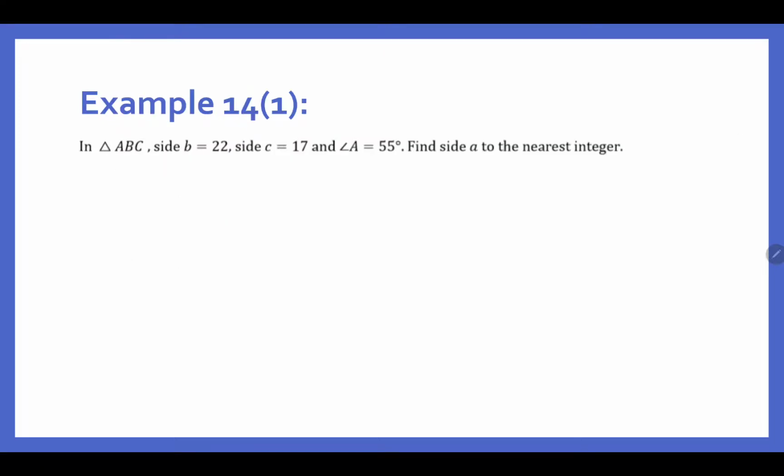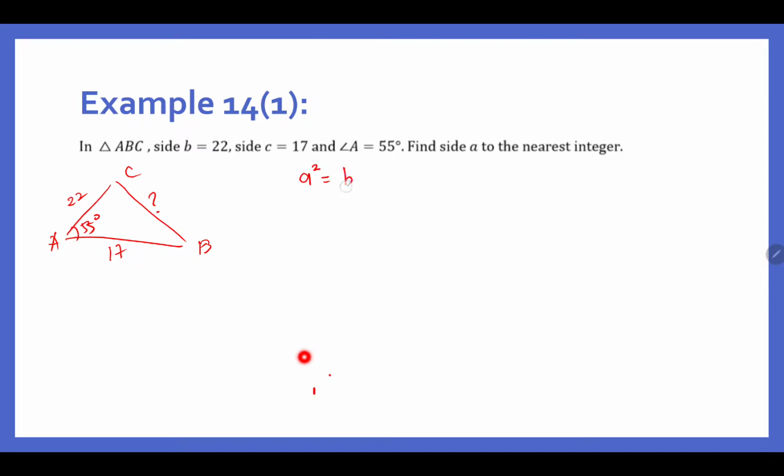Example 14, number 1. In triangle ABC, side B is 22, side C is 17, angle A is 55. Find side A to the nearest integer. Okay, we want to find side A, so we can find A square.